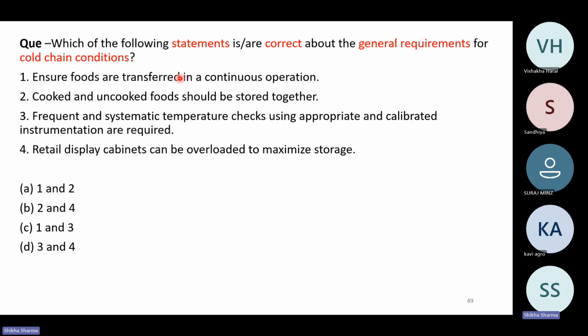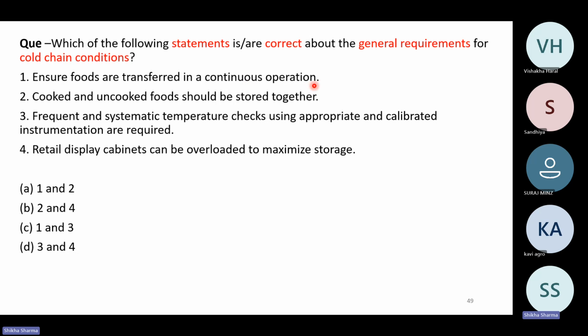Now let's discuss this question. Which of the following statements are correct about the general requirement for cold chain conditions? These statements are telling about the cold chain. First, ensure food is transferred in a continuous operation.